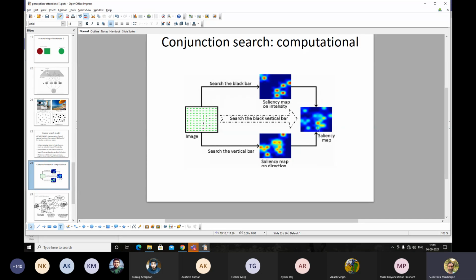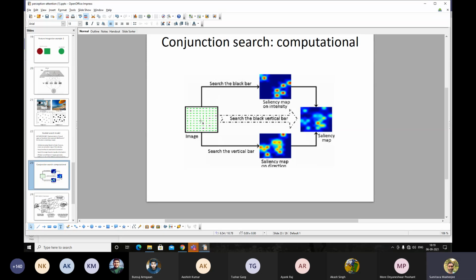Then I add them up. If you add them, this place, because it's an obvious thing, right? You have this function and you have this function. Saliency functions, if you add them up, you have higher saliency, and eventually the final saliency map. Here you see the black vertical bar gets added up, and this place gets the highest intensity, and this is the place where you attend.